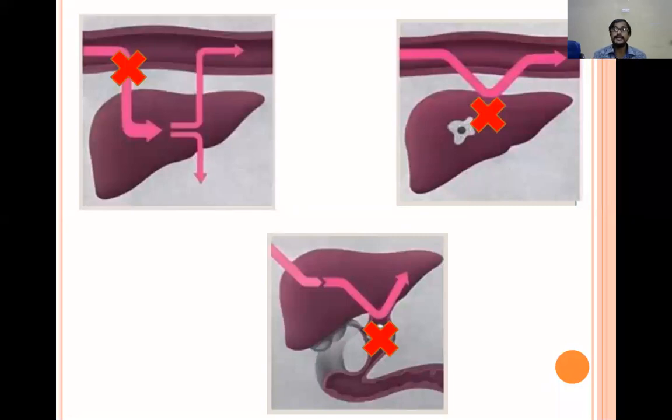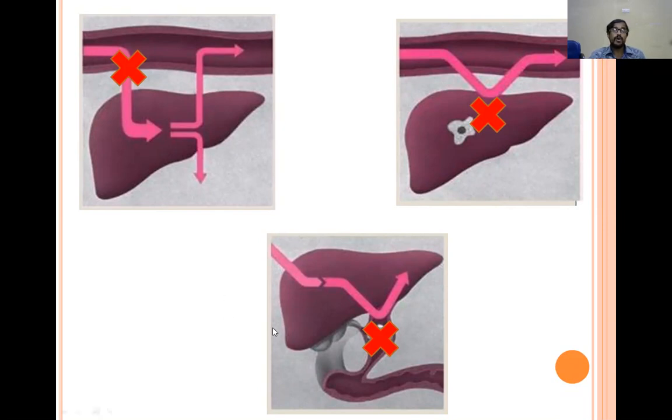Due to the inflammation, there will be a small element of edema, which obstructs the flow of conjugated bilirubin. Some part of the bilirubin will be conjugated, but that part will be obstructed due to edema of the hepatic cells, so the conjugated bilirubin will also accumulate. So both indirect and direct bilirubin are increased in hepatic jaundice.